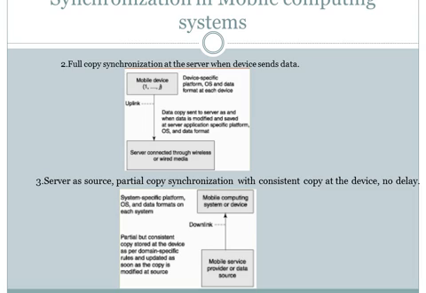So in case of full copy synchronization, the entire set of records at the server are to be updated with those of the client. Whenever a client is requesting full copy synchronization, that means the server has to update with the entire set of records of the client. That is full copy synchronization.